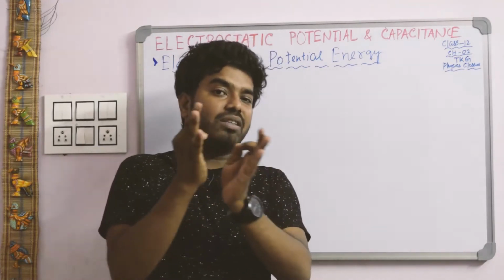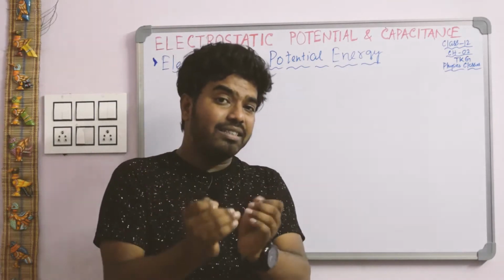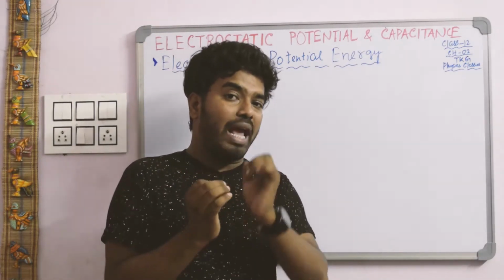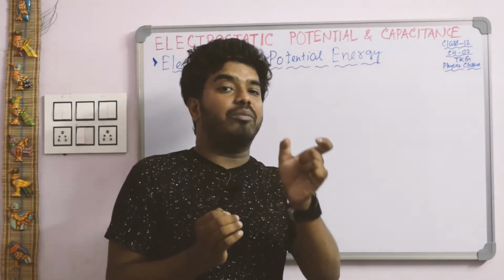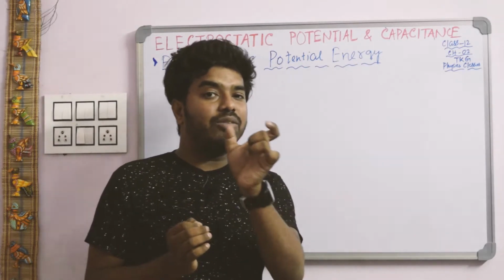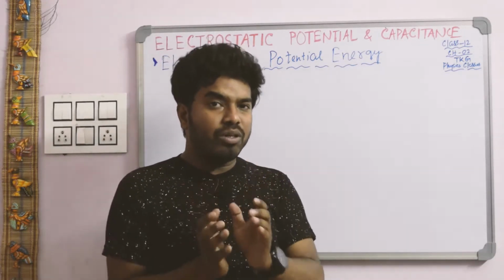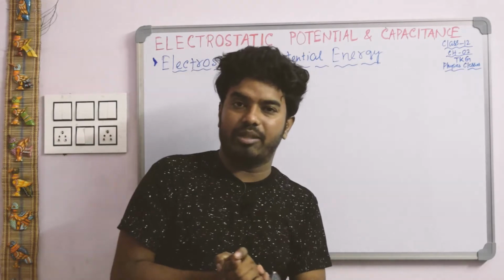Because the charges are similar, so the nature of the force is repulsive, and this amount of work done is stored as electrostatic potential energy. As you know, the electrostatic force is conservative in nature.